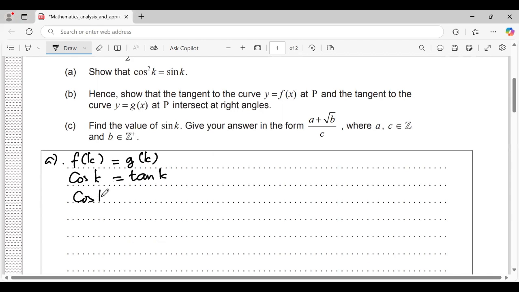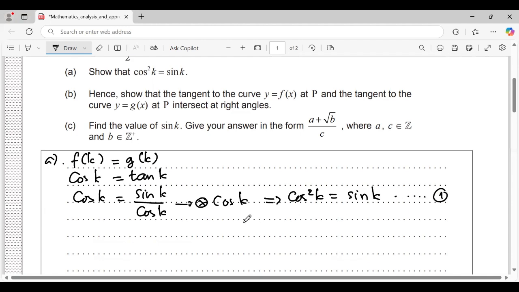So cosine k equals sine k over cosine k. If we multiply both sides by cosine k, it becomes cosine squared k equals sine k. So this is the first equation.